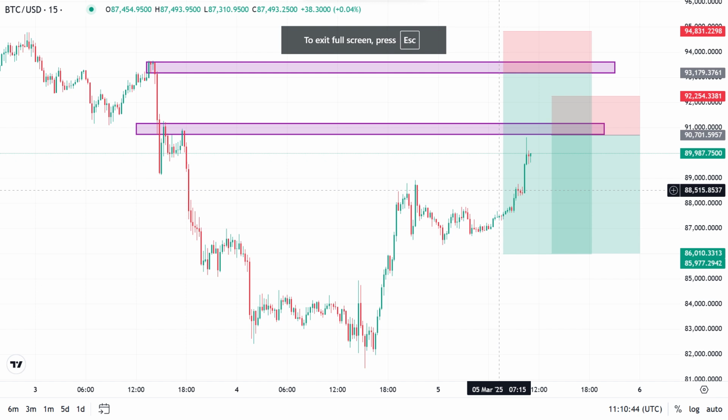Sending it. Is it advised to enter without a stop loss, sir?